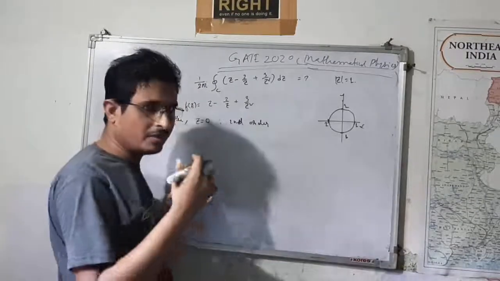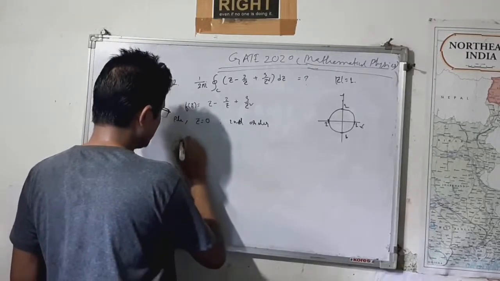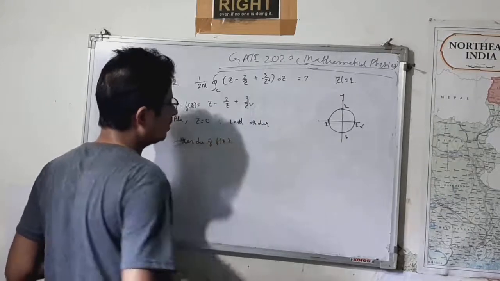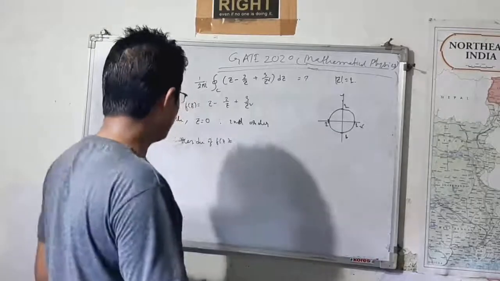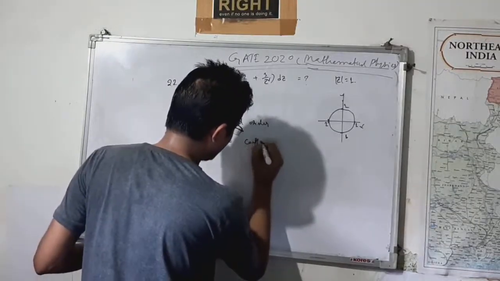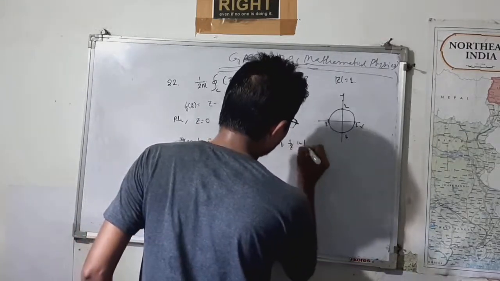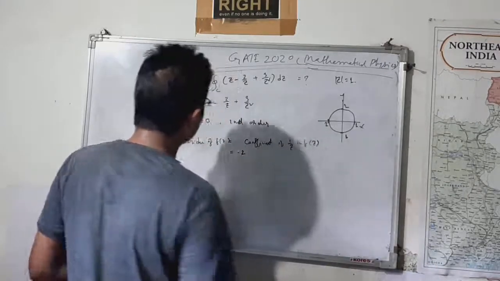From the definition, the residue of f(z) is nothing but the coefficient of 1 by z in f(z). In this case, the coefficient of 1 by z is minus 2.